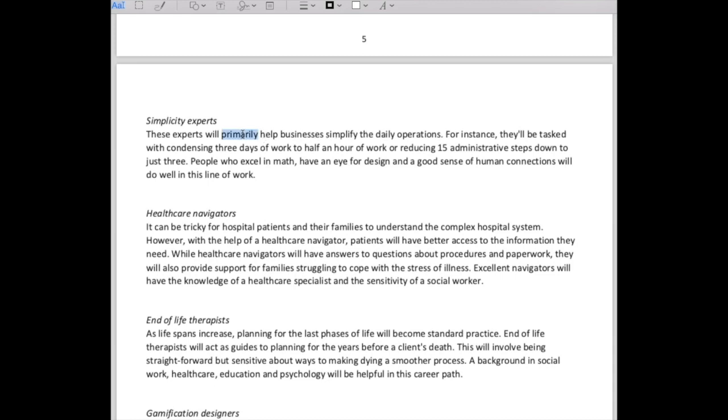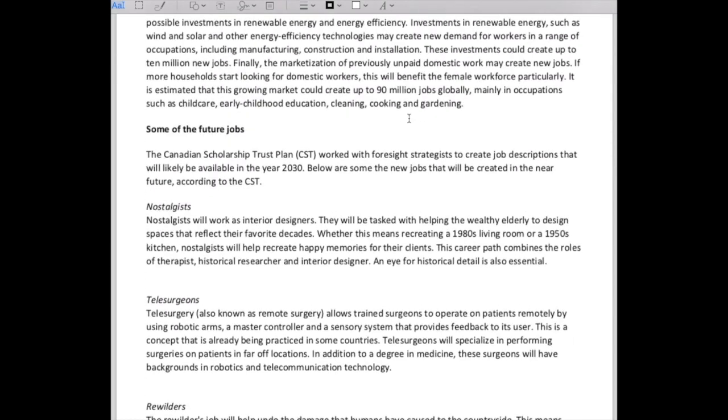Now look, we have the word primarily, which can be considered a synonym of mainly. Okay, now which verb can we use? Well, we have help. Help businesses. Okay, is that enough? Well, help businesses is very limited. We're not providing a lot of information. So we can say, help businesses simplify the daily operations. Okay, so let's take this piece of information and put it in the task. Okay, so let's go back to the task.